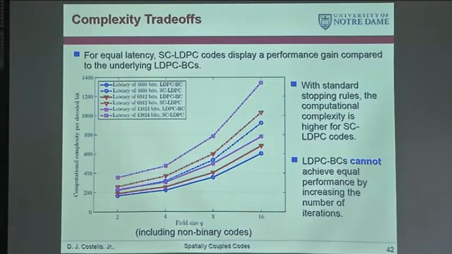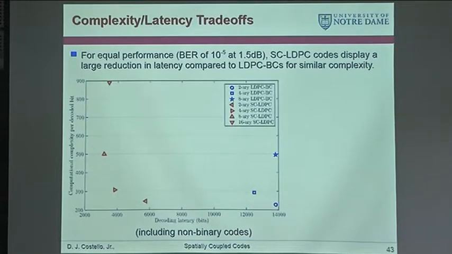So the spatially coupled code has that gain. It can't be compensated for with a block code of the same latency just by doing more iterations, or by doing more updates. So the performance gain is a real gain, but we do pay a penalty in computational complexity.